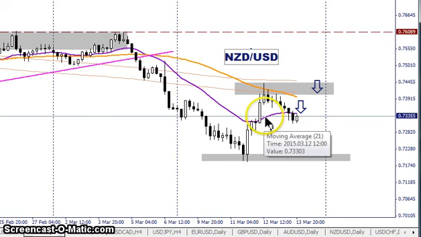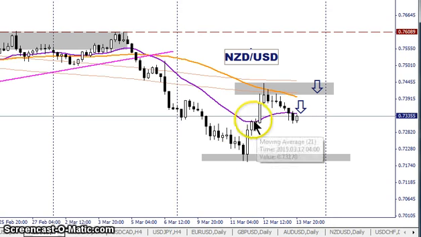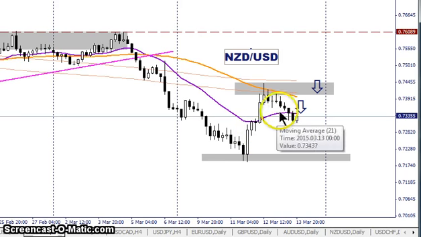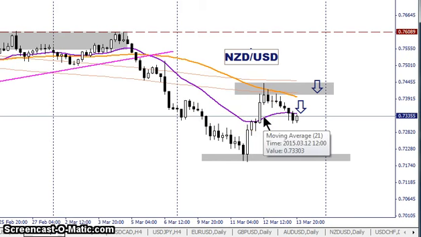Again, let's take a look over the next few days if this particular purple line, which is the 21 EMA, holds as resistance. If it holds and there's further movement to the downside, then price will retest at least a previous low. Interesting, price went up through the short-term 21 EMA. Again, this is short-term resistance.